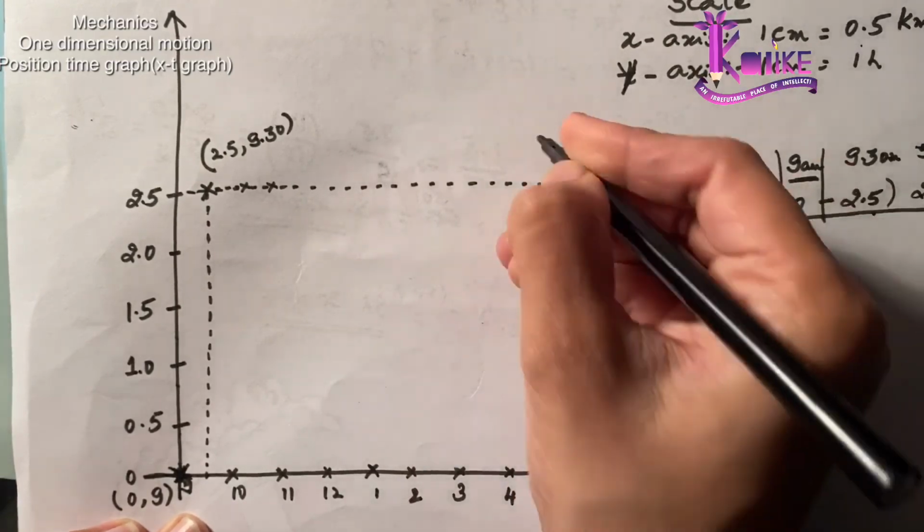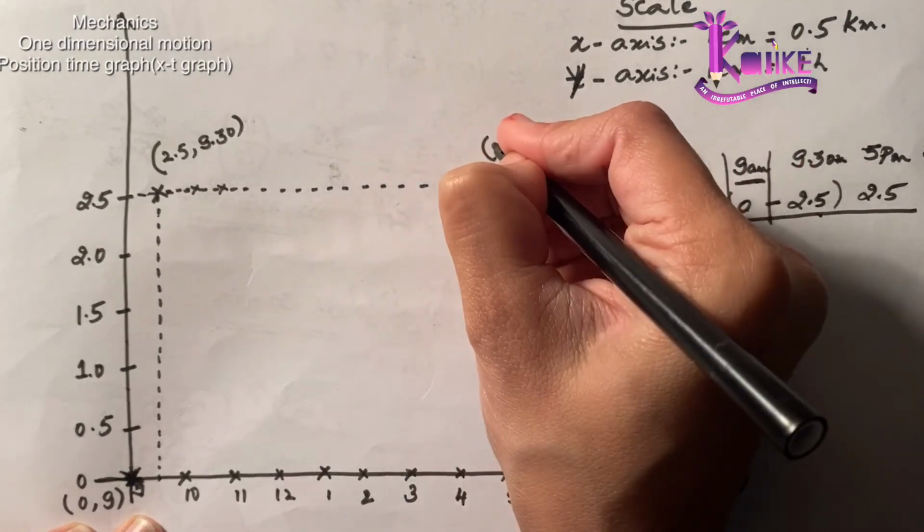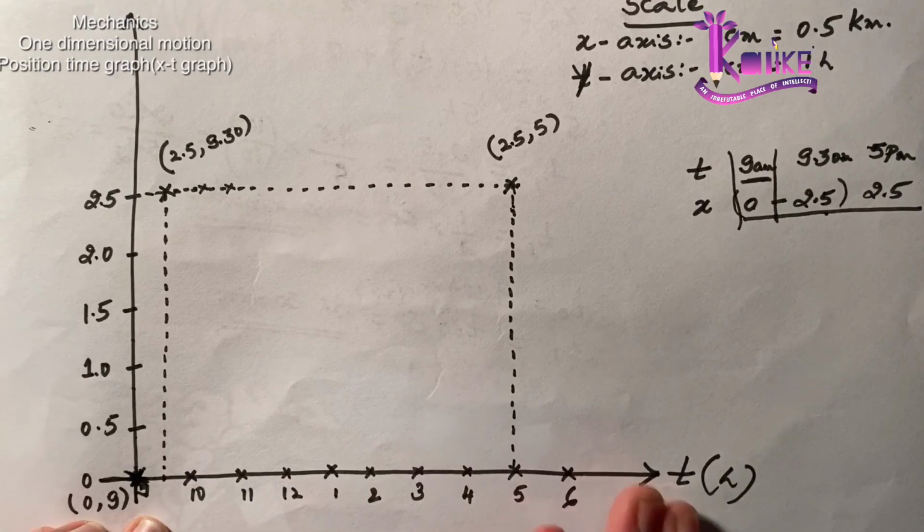So, these are the values at 5 p.m. The value of x is 2.5 kilometers at 5 p.m.